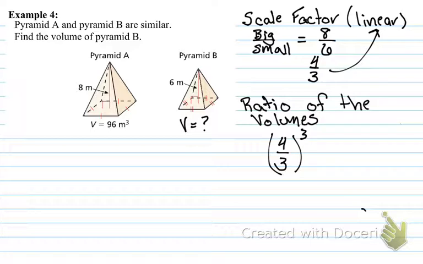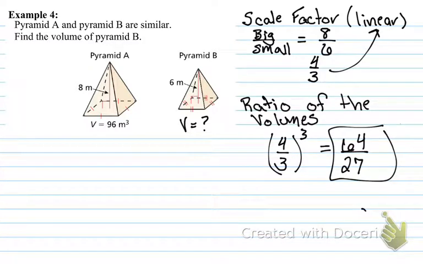So 4 cubed. So I need to take 4 times 4 times 4. 4 cubed is 4 times 4, 16, times 4, 64. And then 3 cubed, 3 times 3 times 3 is 27. So this will be the ratio of their volumes right there. So if I put the big volume over the small volume, I should get 64 over 27.